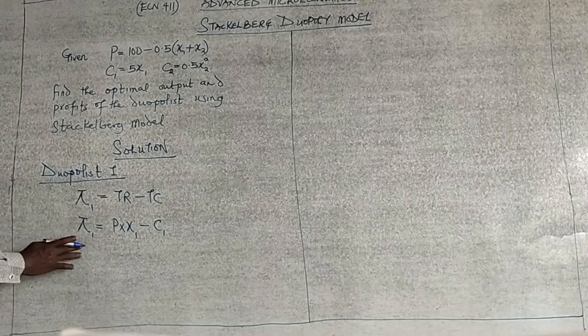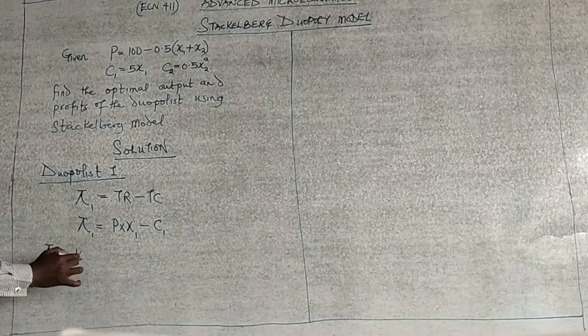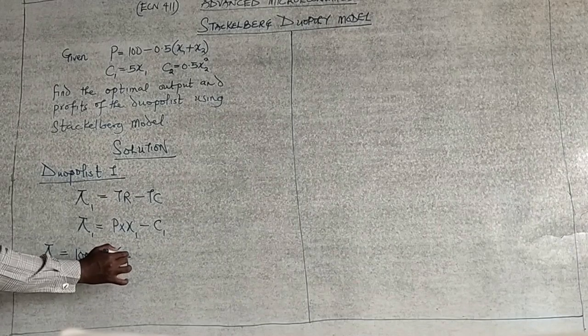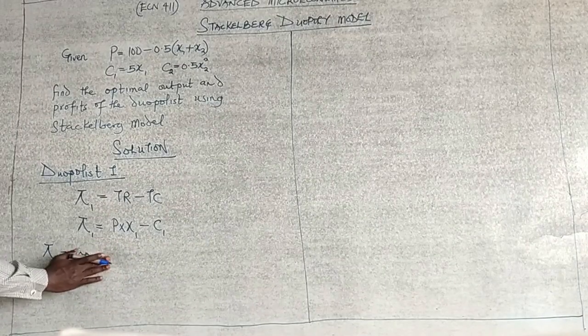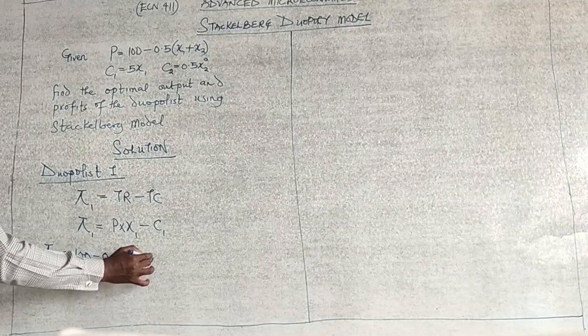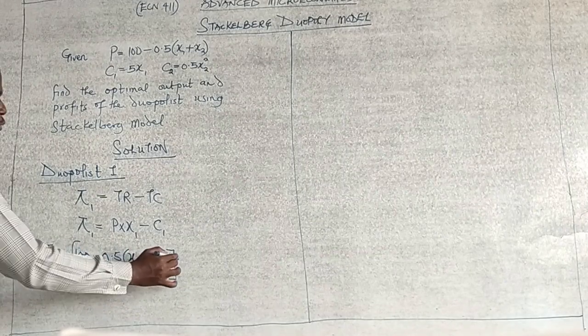So let's do that together. I'm going to have profit 1 equal to, what is the price? 100 minus 0.5 (x1 plus x2), into x1. Do you agree?